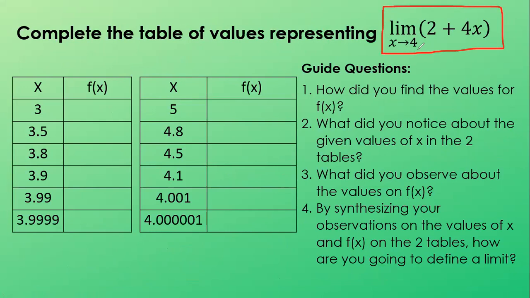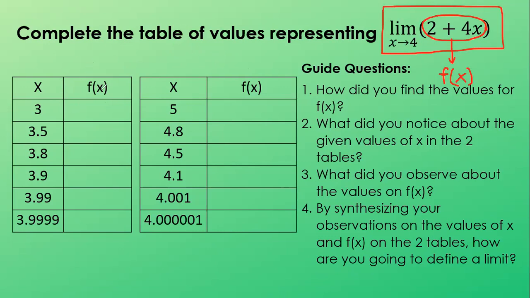Notice here, we have a function. Our function is 2 plus 4x. It is our f of x, and it is also what we will substitute certain values of x from our table. So we will be completing this table and we will answer the guide questions.